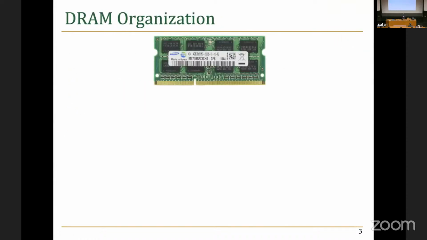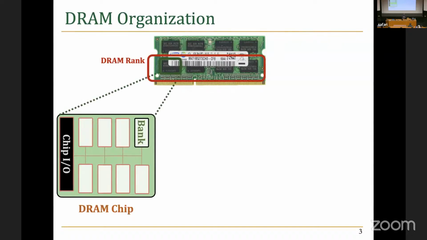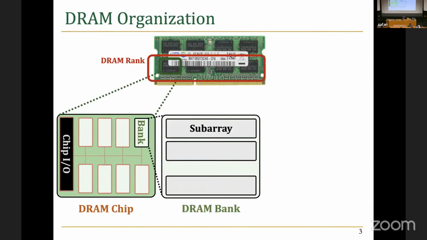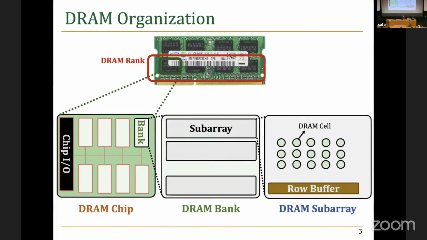So I'll just provide a quick recap about DRAM background. When we look at how DRAM is organized, this is a picture of a DRAM module. We have a set of chips that form a DRAM rank, and within each chip, we have multiple banks that Onur already talked about. Within each bank, we have multiple subarrays that include two-dimensional arrays of DRAM cells.